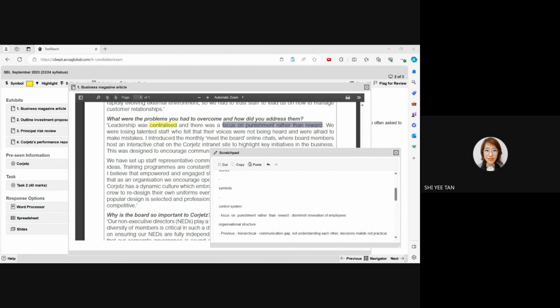When I give a new idea, later I make a mistake, I get punished. Right? So this is always the problem. It will cause your employees to better keep quiet and not say anything. So this one is not in line with project value. Right? Project value is innovation.